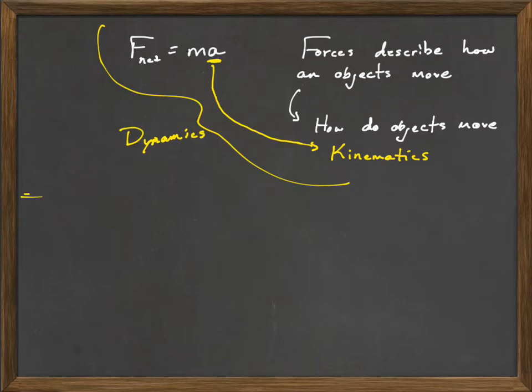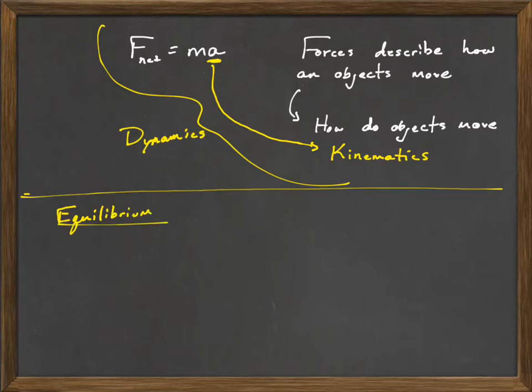Dynamics can be broken into a few things. The first one was what we covered in the last video, and that was the idea of equilibrium. We already said equilibrium was when the net force is zero, and this happens one of two ways. The first is static equilibrium, where static essentially means at rest.